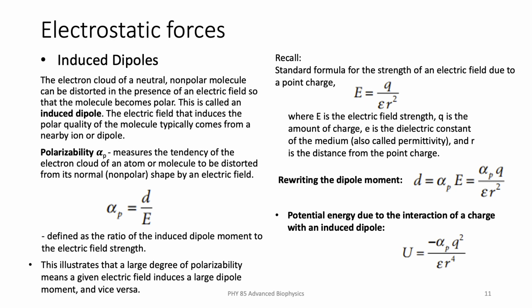We then use it to write the formula for the dipole moment of an induced dipole. Subsequently, we write the potential energy due to the interaction of a charge with an induced dipole in this form, with the assumption that the dipole will orient itself in the direction of the charge.